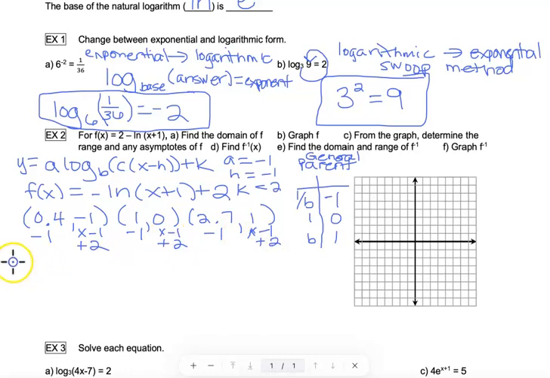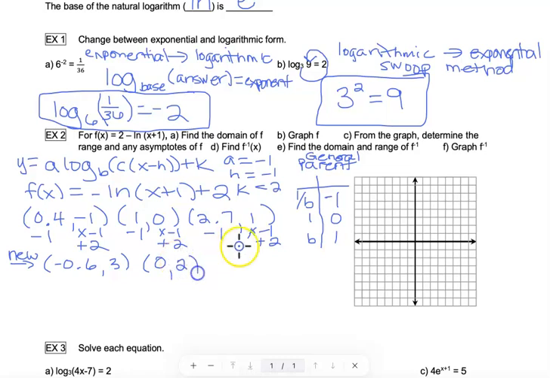So that means that my new points: 0.4 minus 1 is negative 0.6. Negative 1 times negative 1 is positive 1. Plus 2 is 3. Then my next point, 1 minus 1 is 0. 0 times negative 1 is still 0.